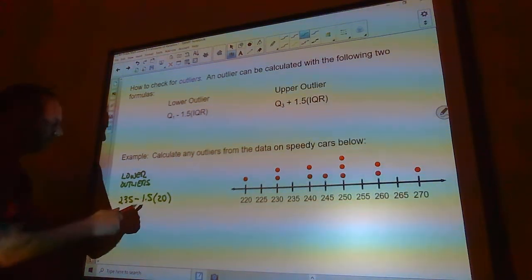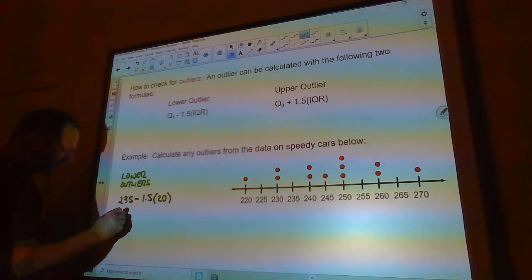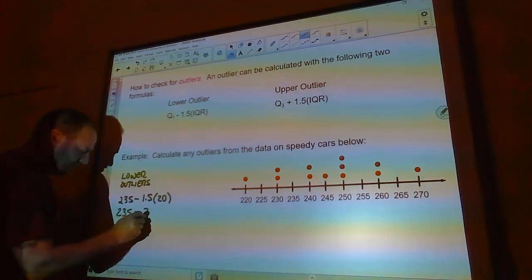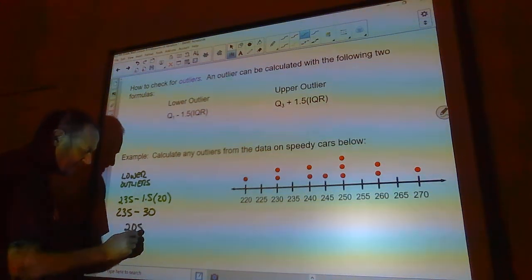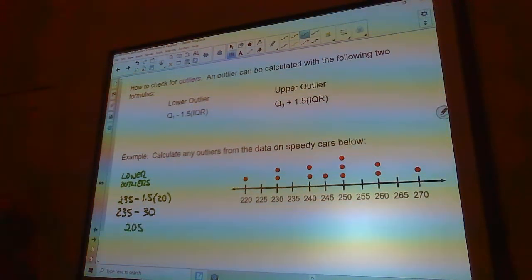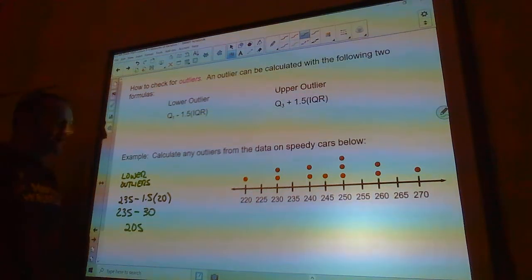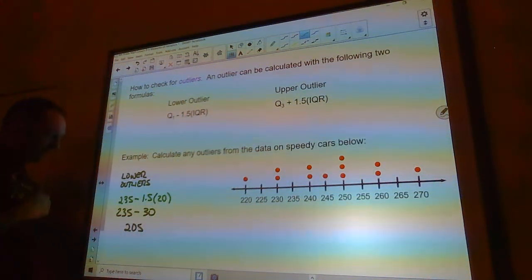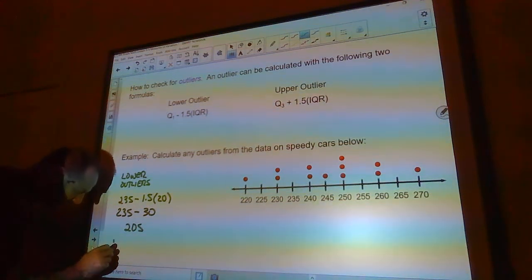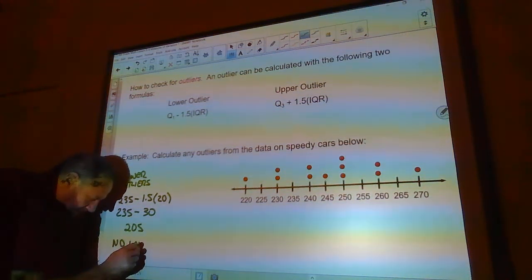Okay, so 1.5 times 20, that's 30. So 235 minus 30 would be 205. So any car that was under 205 would be a lower outlier. And there isn't one. The lowest one is 220. So there are no lower outliers on this.